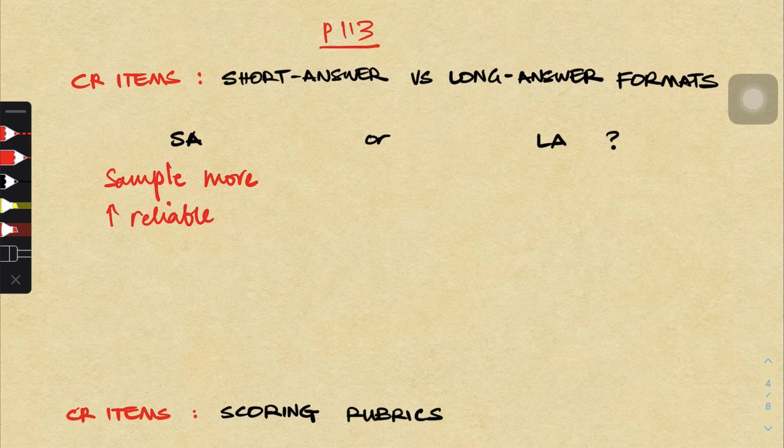But it does mean that the sampling is just at the surface. Probably ask them to define, just things which you can ask students to write in a short time. So it says that it permits a broader sampling of content, more questions can be asked and answered, and the reliability of the content is thus improved.